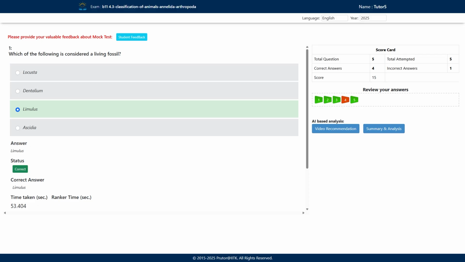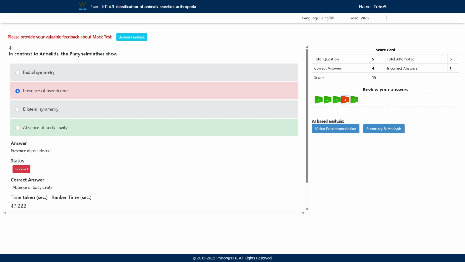So why is this fourth one showing as incorrect? Let us see. It is showing the absence of body cavity. Platyhelminthes is acoelomate. Yes, it is not a pseudocoelomate.